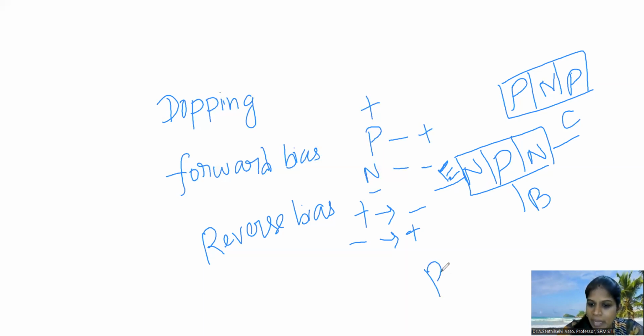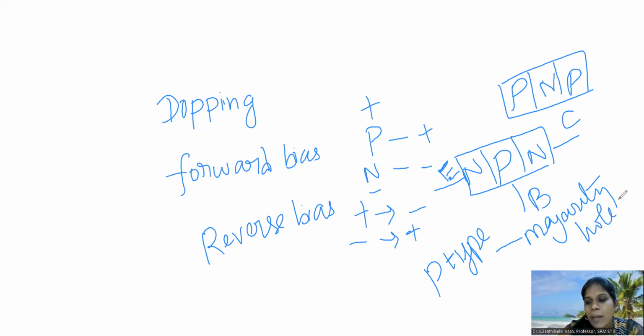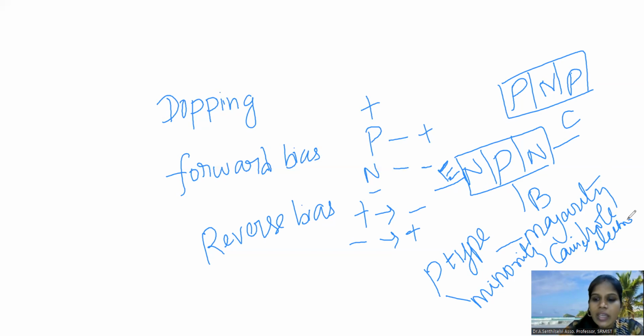If it is a P-type material, what are the majority carriers? The majority carriers are holes, and the minority carriers are electrons. If you consider an N-type material, what are the majority carriers?